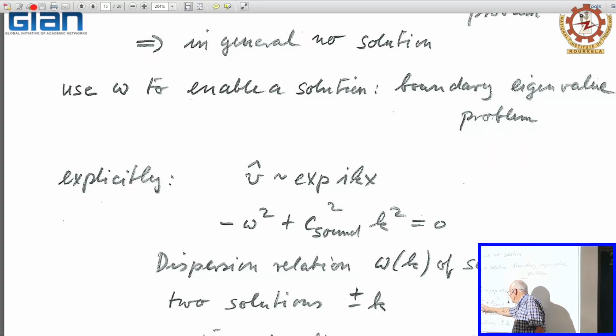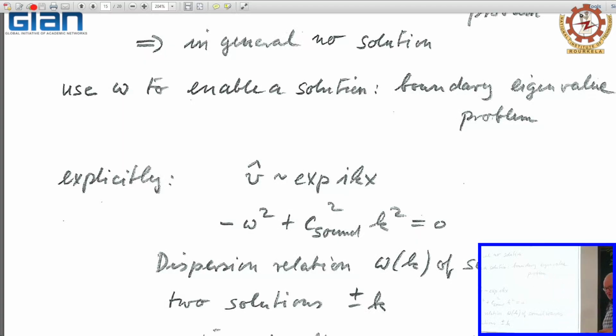So we have a relation between omega squared and k squared, and we can solve this dispersion relation for the value of the wave number k. We see this is a quadratic equation, and it means we have two solutions. K squared is omega squared over the sound speed squared, and we have two solutions, plus and minus k, because we have a quadratic equation.